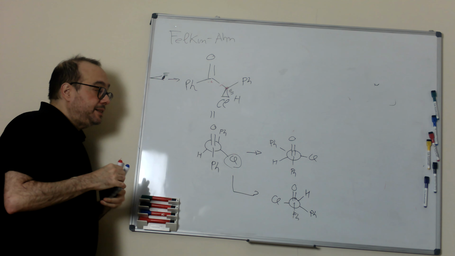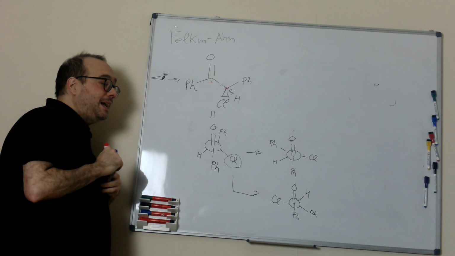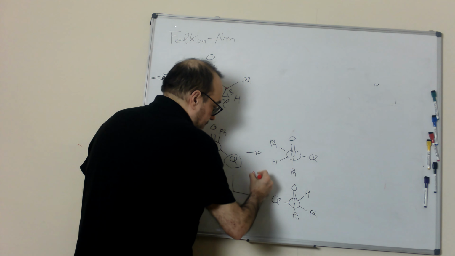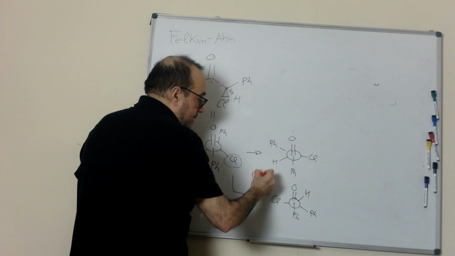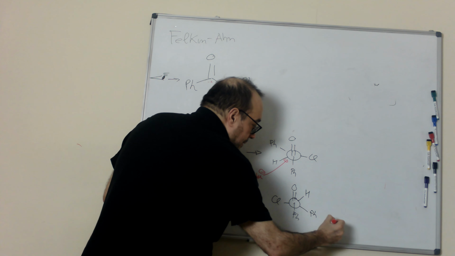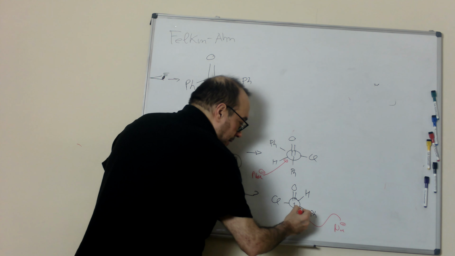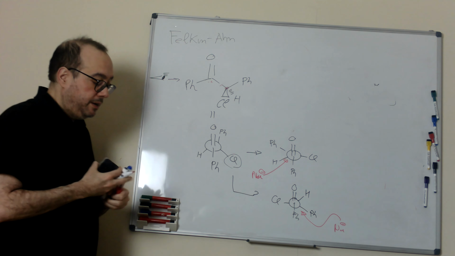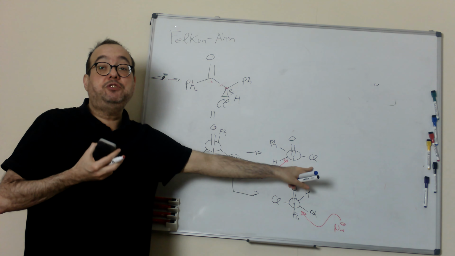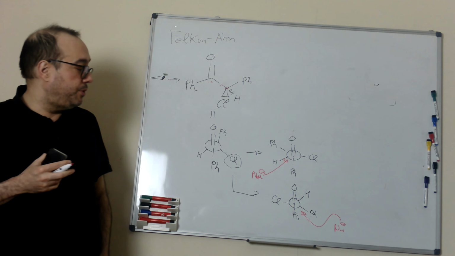And as I did in the first case, now we analyze the Burgi-Dunitz trajectory of the nucleophile. The nucleophile can attack in this way or can attack in this way. It always has to be opposite to where we have the functional group perpendicular to the carbonyl group.